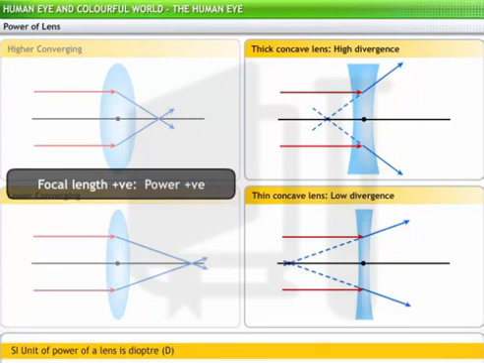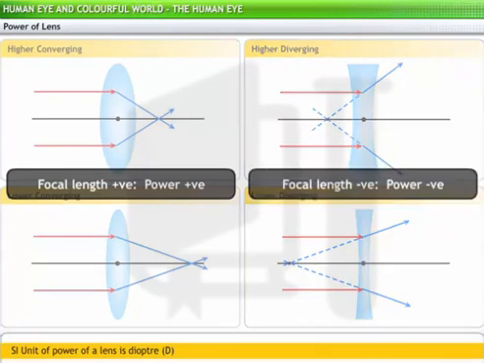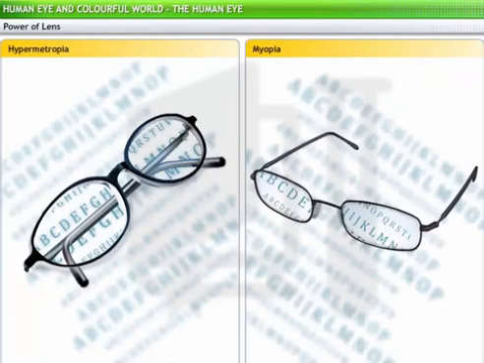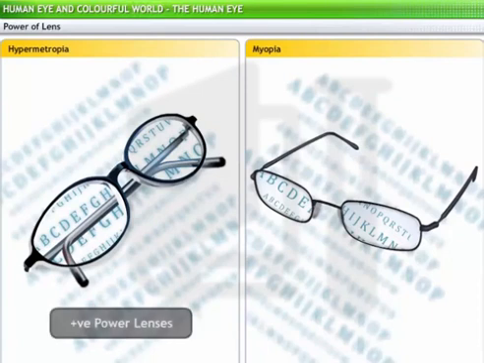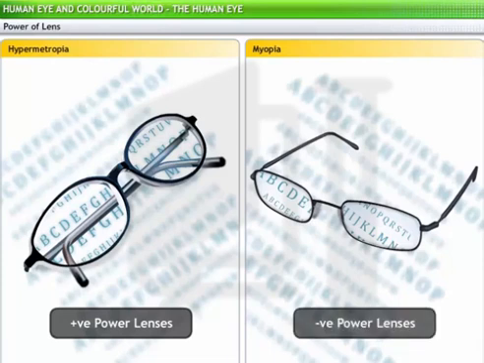Similarly, the focal length of a concave lens is considered negative. Hence, its power is negative as well. Therefore, individuals suffering from hypermetropia use spectacles with positive power lenses. Similarly, those suffering from myopia use negative power lenses to correct their vision.